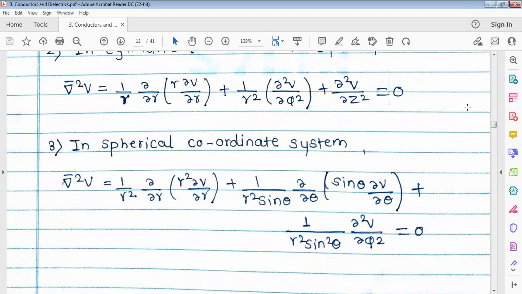Okay, completed. Can we see the example? Note the equations.